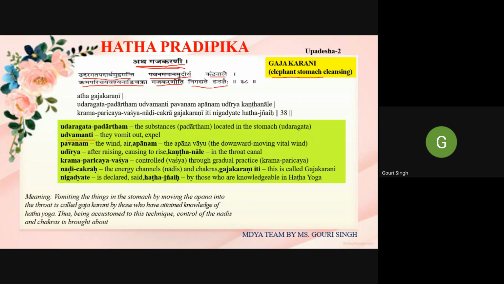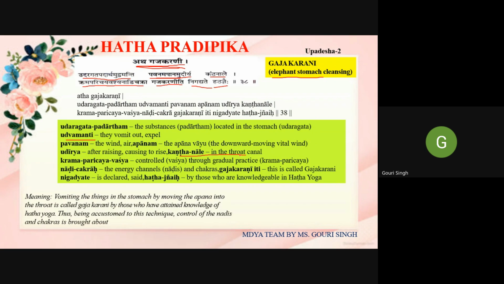Okay. "Pavanam apana mudriya" means you have to direct the flow of your apana vayu, which goes in the downward direction. You move the stomach contraction in that way so that apana vayu rises upward to the kanthanala, the throat canal, and all the vomit comes out through the throat area.